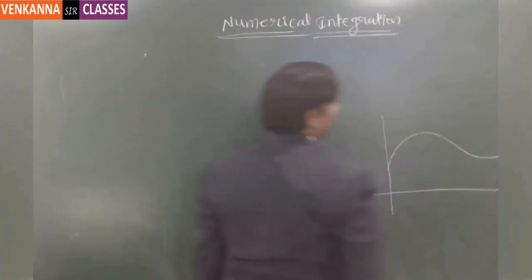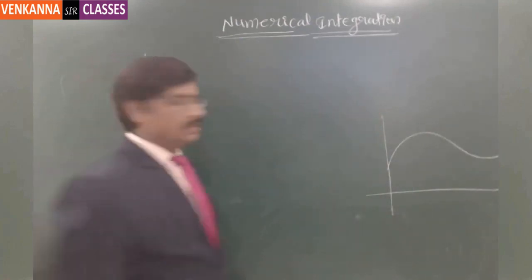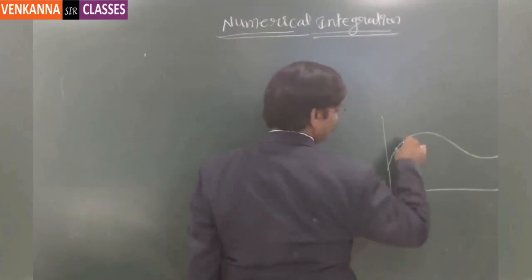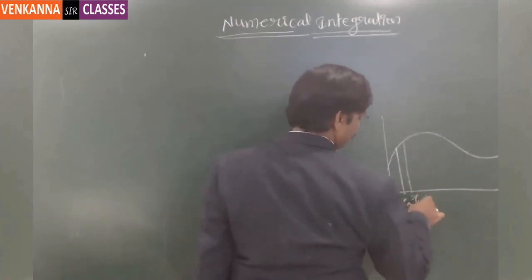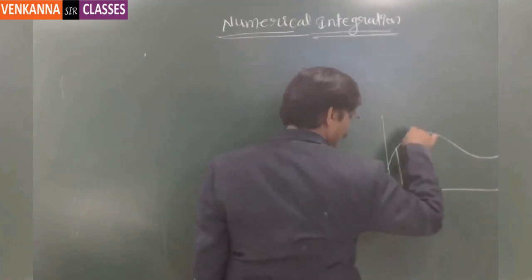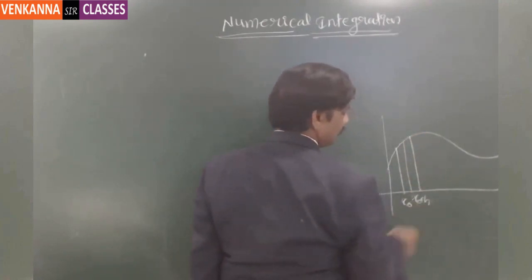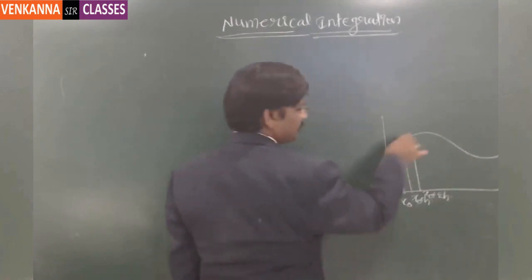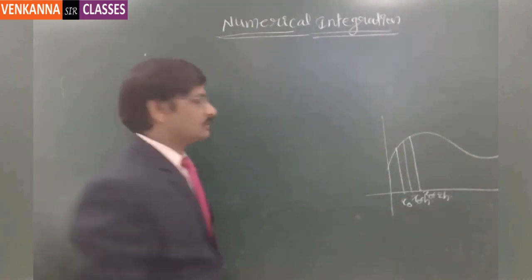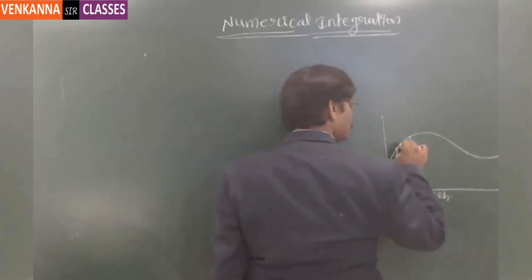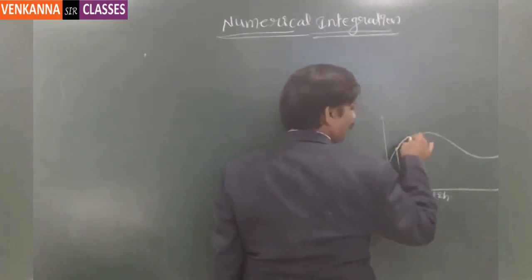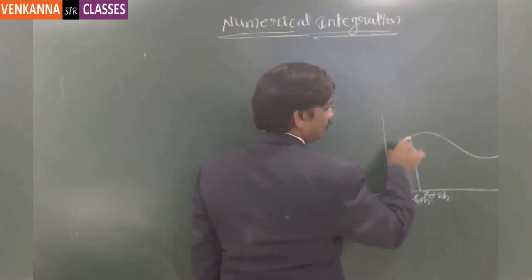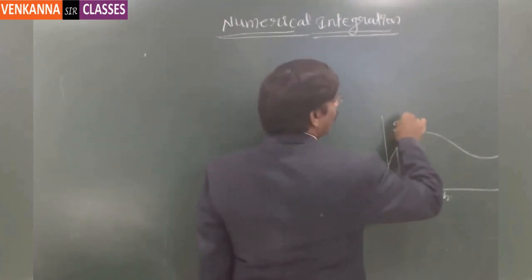If you take a random curve like this, take this as the first point x0, this as the second x0 plus h, and this as the third, x0 plus 2h. If it is a straight line, then there is a different case. Now you are trying to approximate this as a second order polynomial, as if it is a parabola. So this is how a part of the curve is approximated by a parabola.